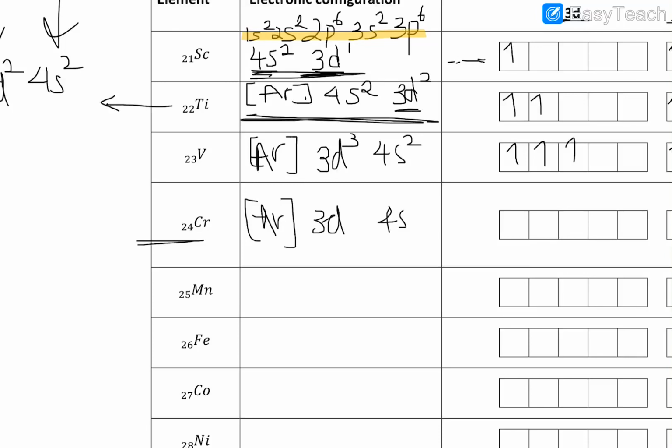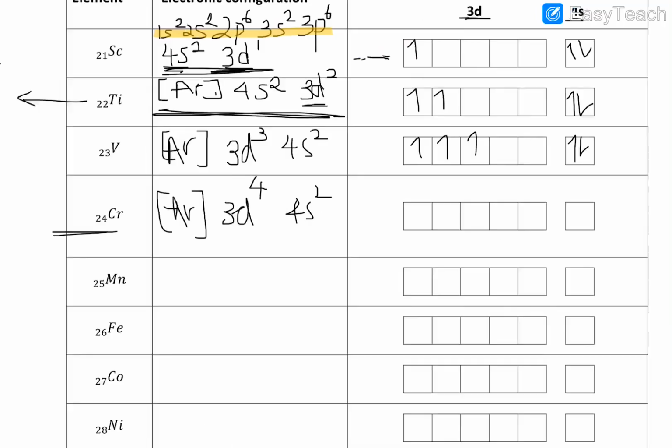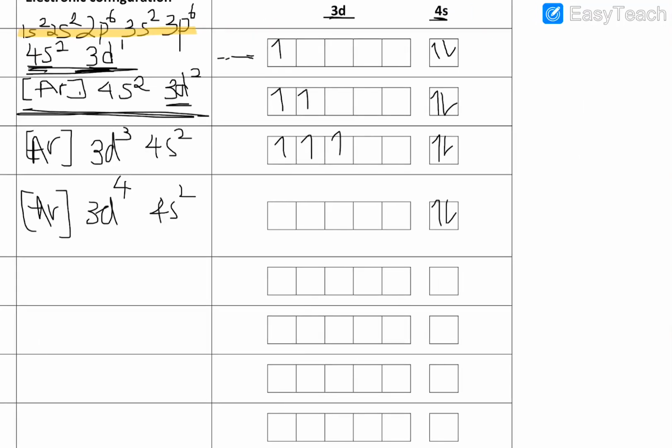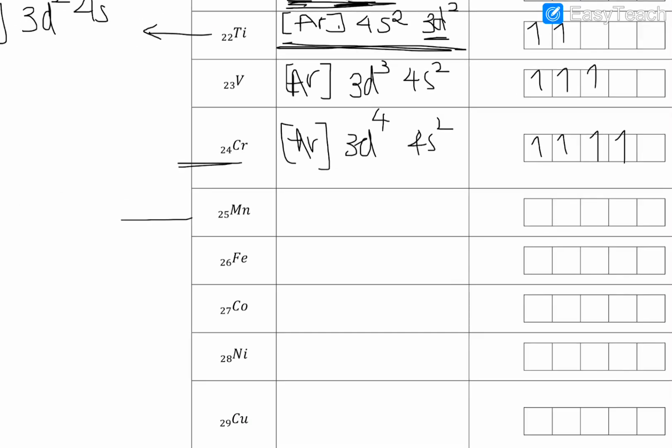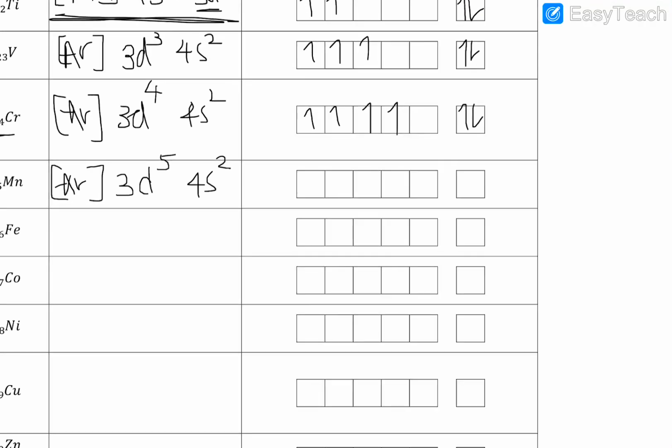I fill in the 4s first, and then I fill the 3d, so 3d4. So here, 1, 2, 3, 4. Manganese, Ar, 18, 4s, 3d, 2, 5. 2, 3, 4, 5.